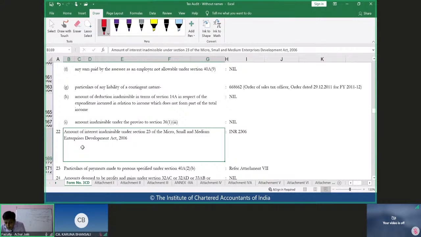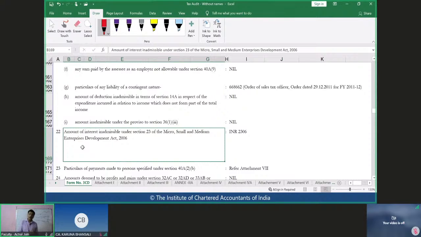Then moving on to the next part, and that is the amount of interest inadmissible under section 23 of the MSMED Act. Under the MSMED Act, we understand that when interest is required to be provided, even if it's not paid, this is still required to be provided and disclosed in the financial statements.